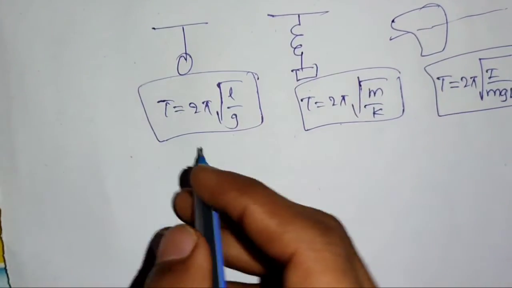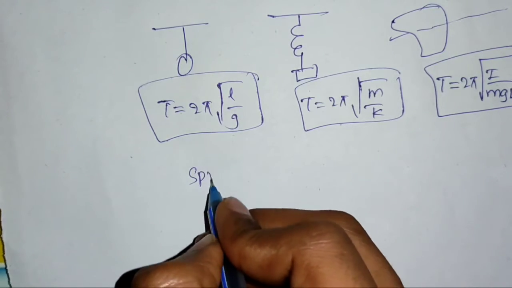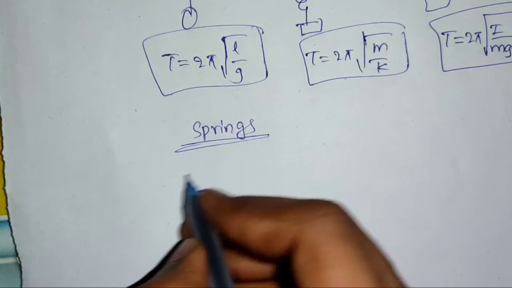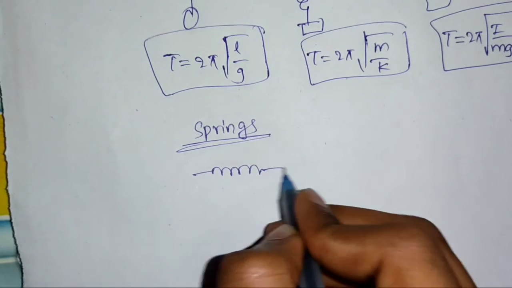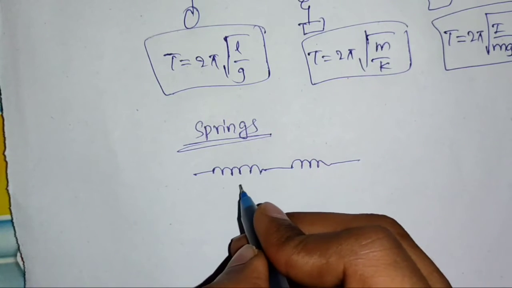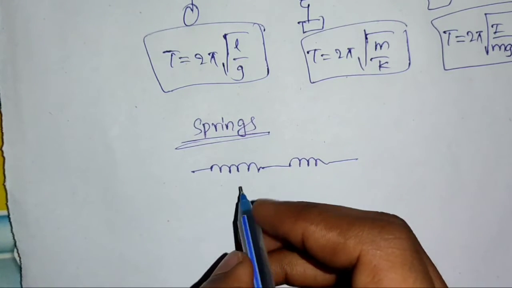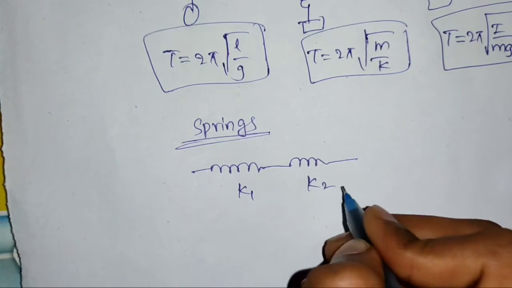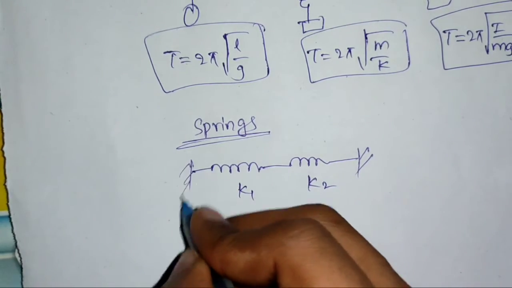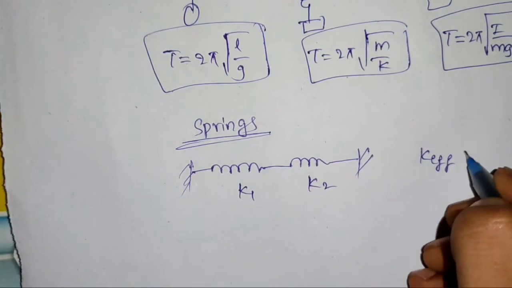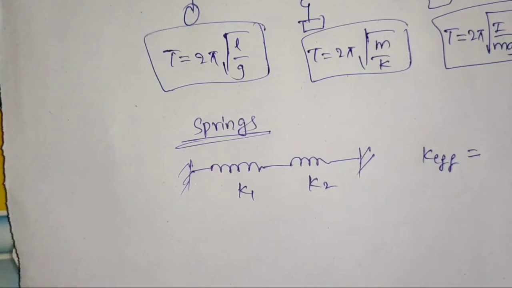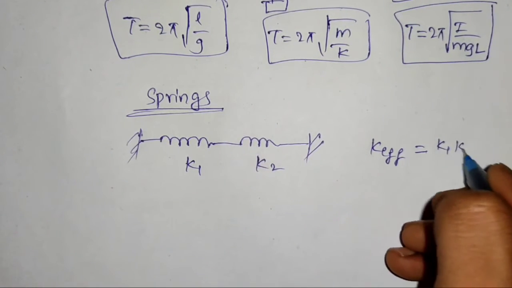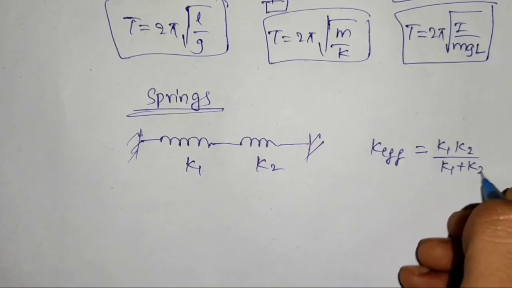And we will discuss about springs. If the springs are connected in series, one spring constant is k1 and another spring constant is k2, then their combined k effective is k1 k2 by k1 plus k2.